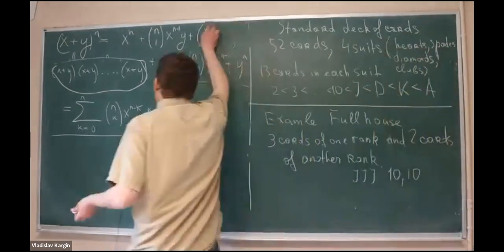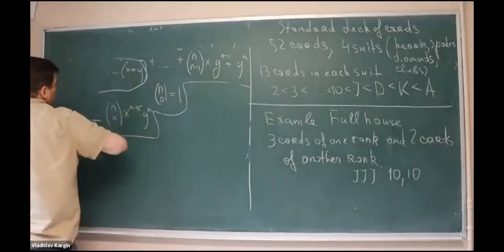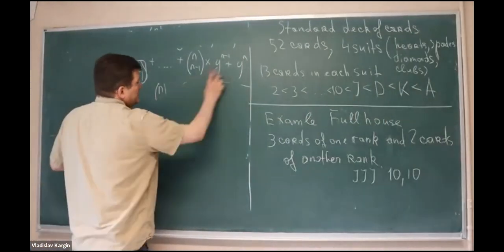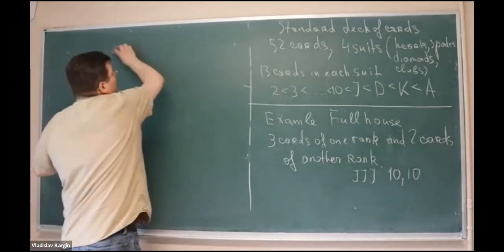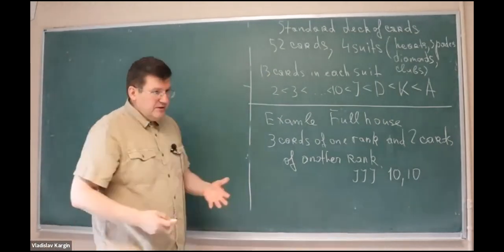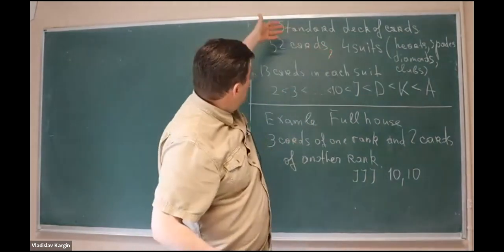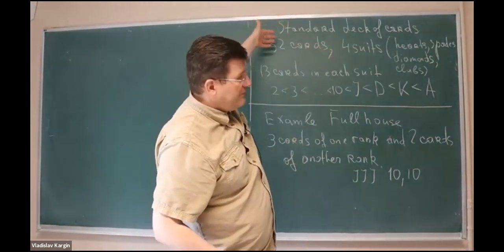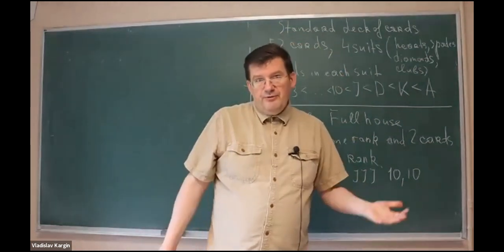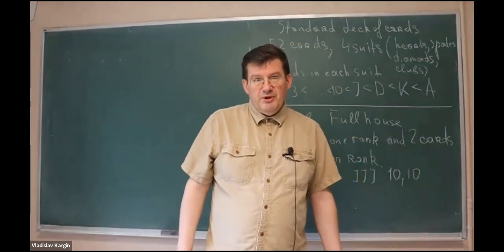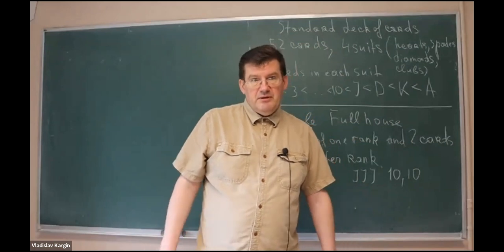The total number of hands is the easiest: you have 5 cards in a hand, and the total number of cards is 52. So this is a choice of 5 cards out of 52, the number of different hands.